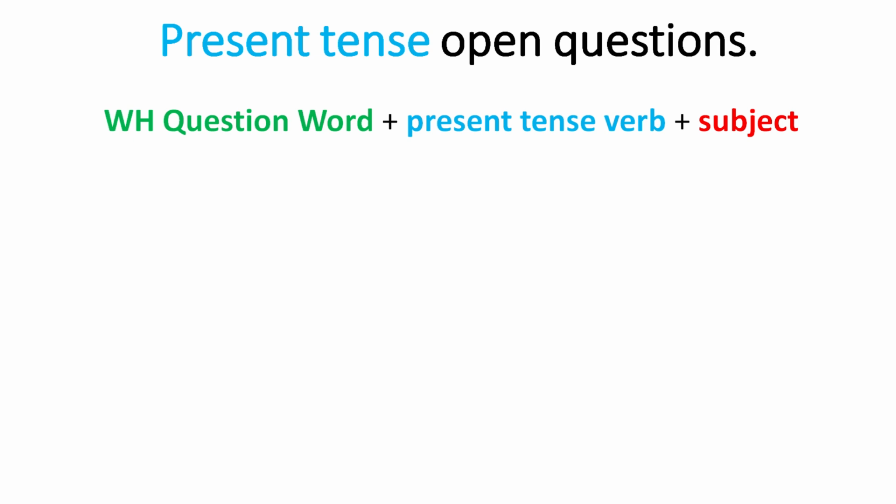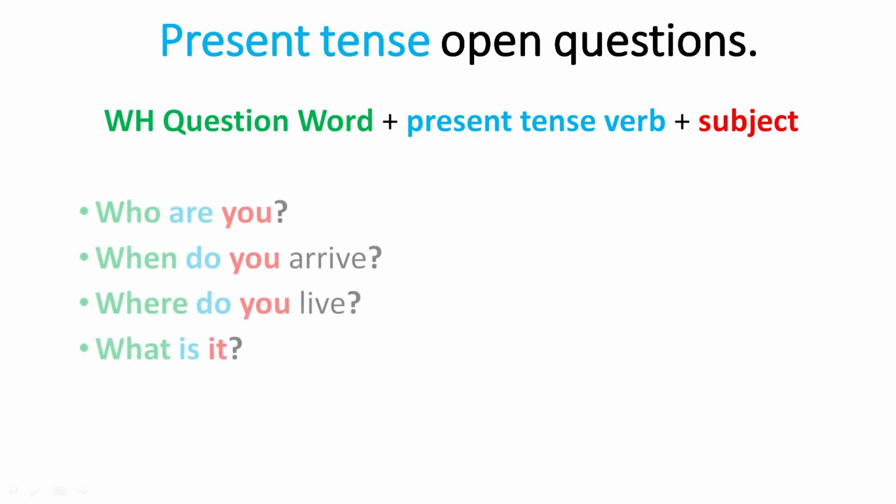Then we need a present tense verb. This means an action word or movement, like the verb to be or the verb to do. Then we need a subject. For example, I, you, he, she, or a name.